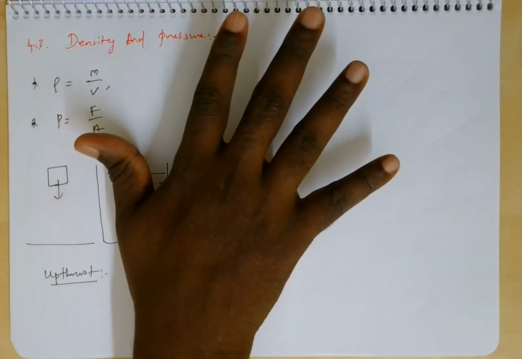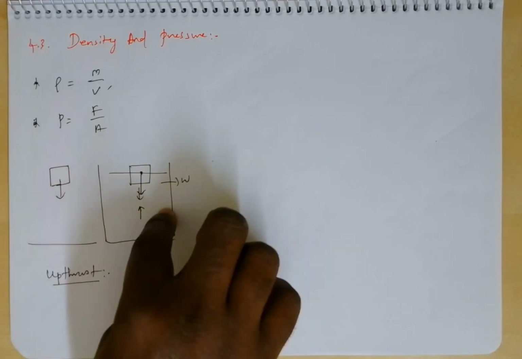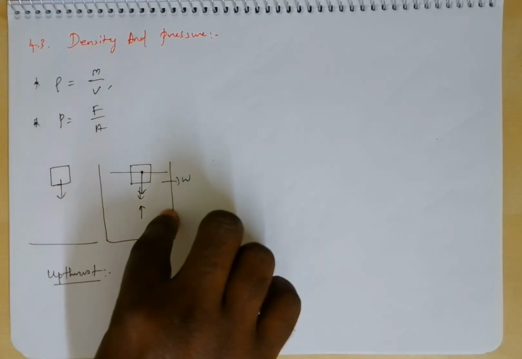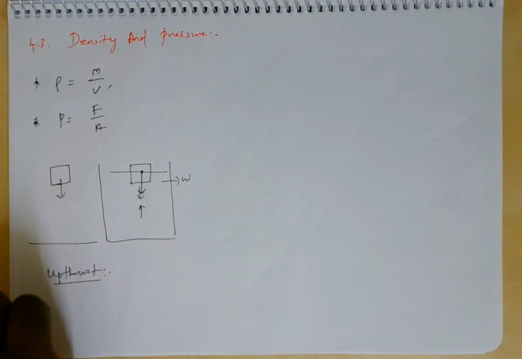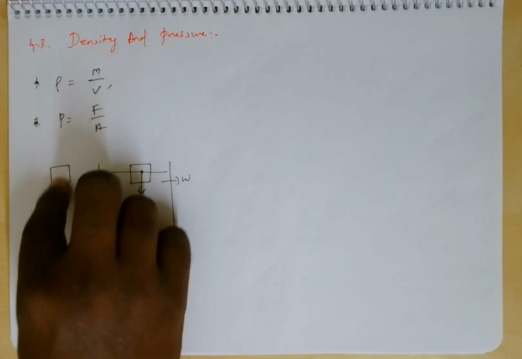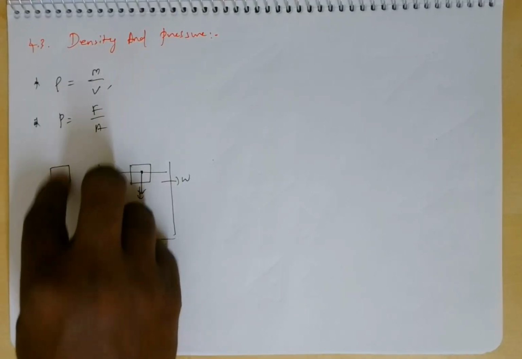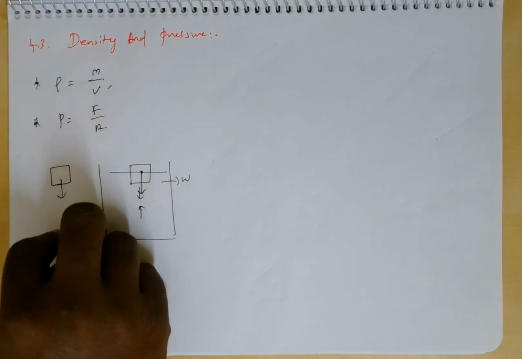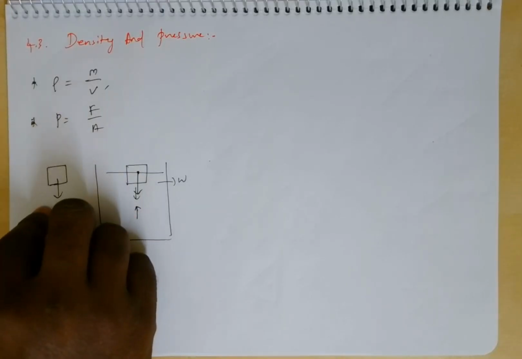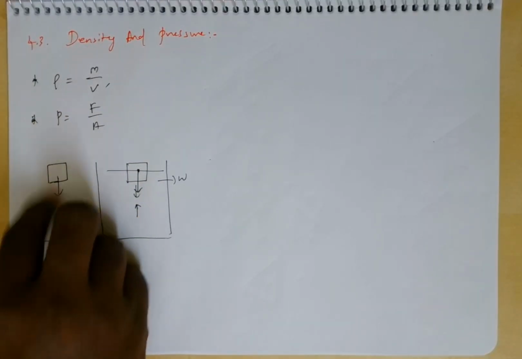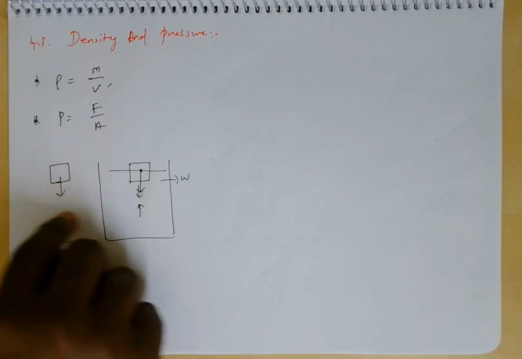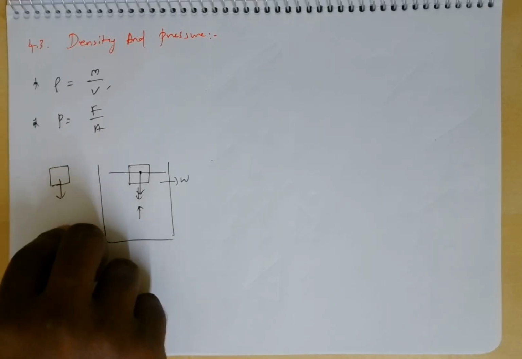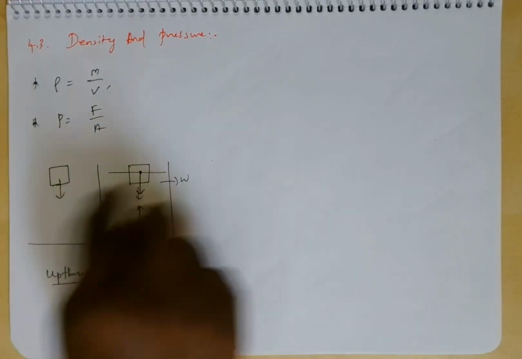If you move sideways, there will be no difference in upthrust, but you will still have a drag because you are moving inside the liquid. If you move up and down, you will see variation in upthrust because upthrust depends on the height.